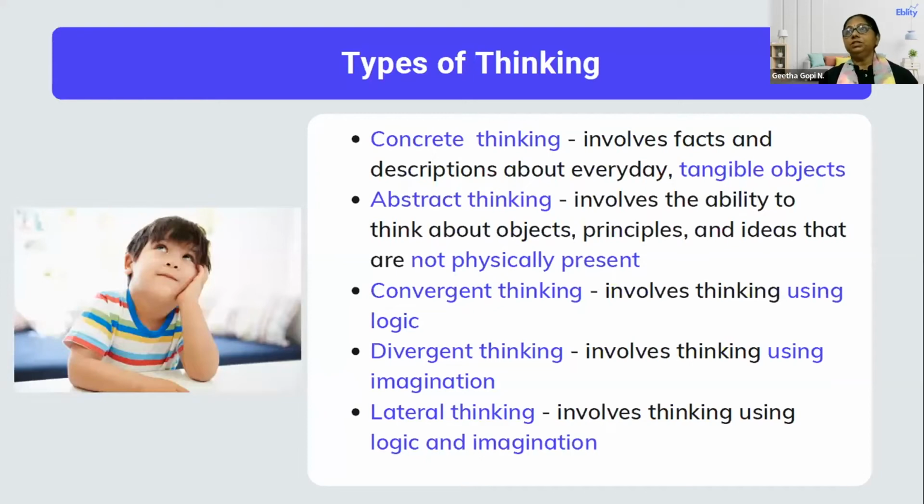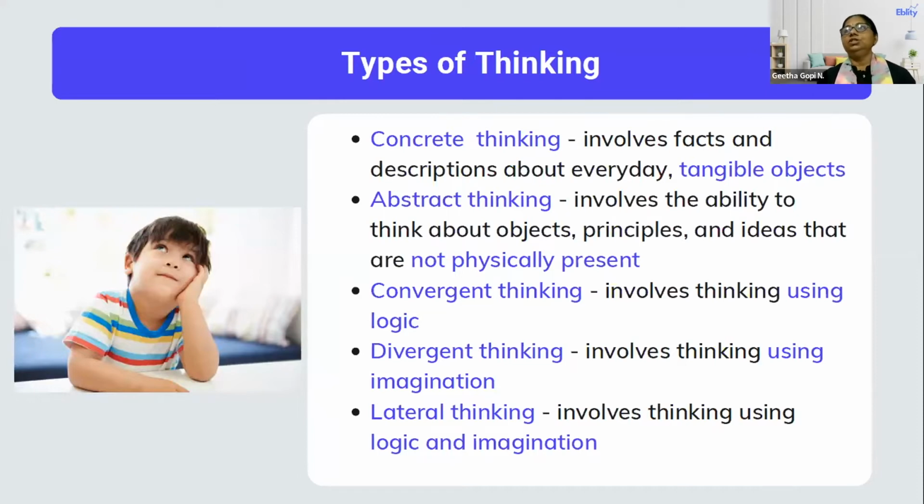A lot of convergent thinking also leaves no scope for new ideas to come in. So quite often, especially when we are faced with life problems, lateral thinking is what is used. We use logic, but at the same time we also ask: are there better ways of doing it? Is there any other solution to that particular problem?